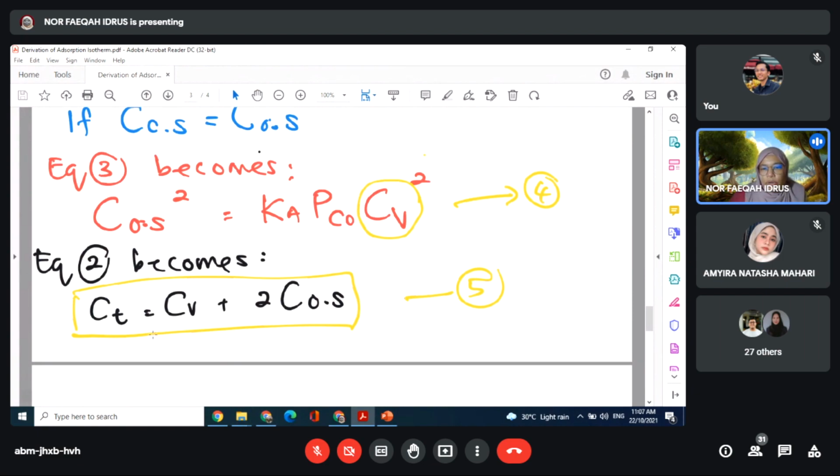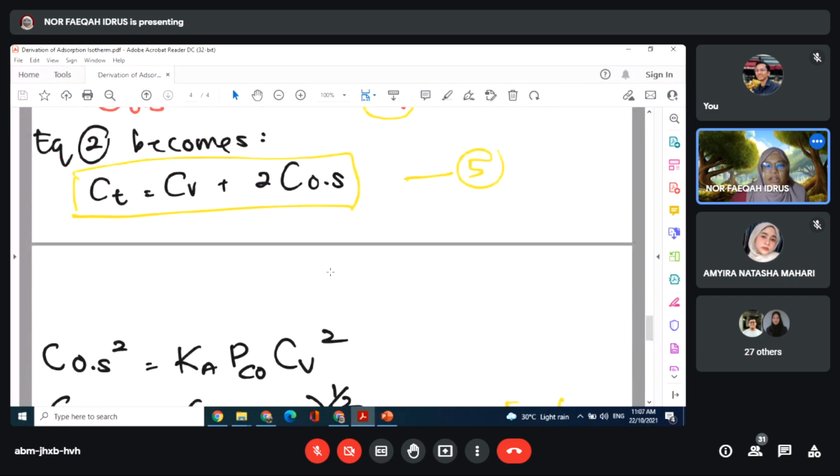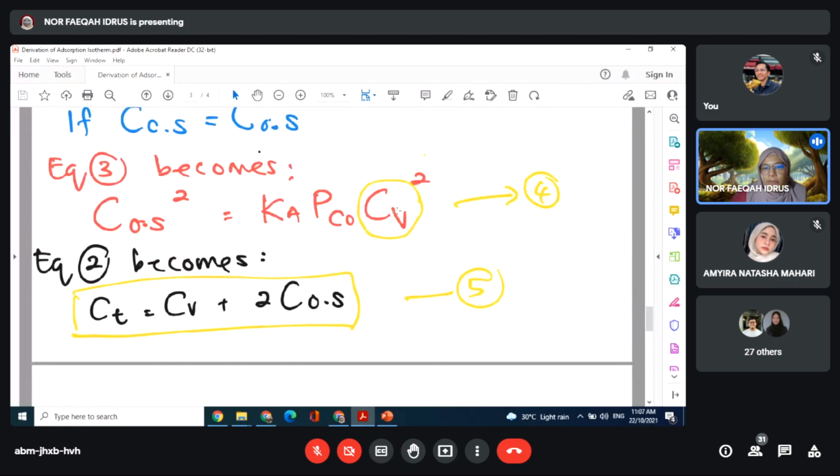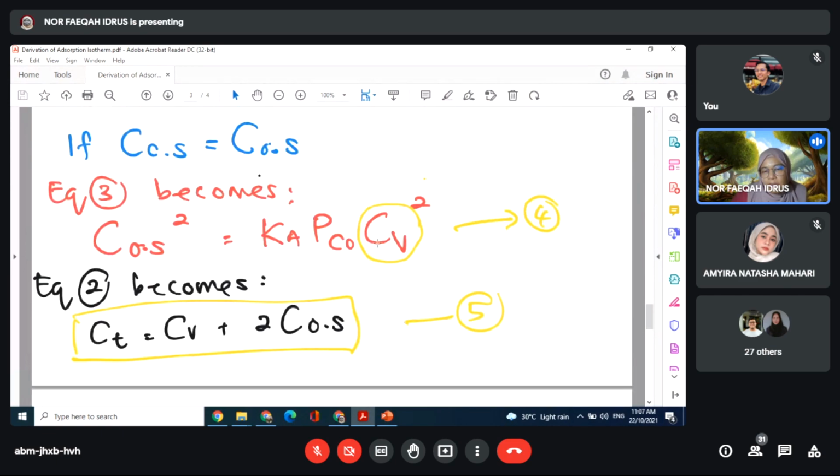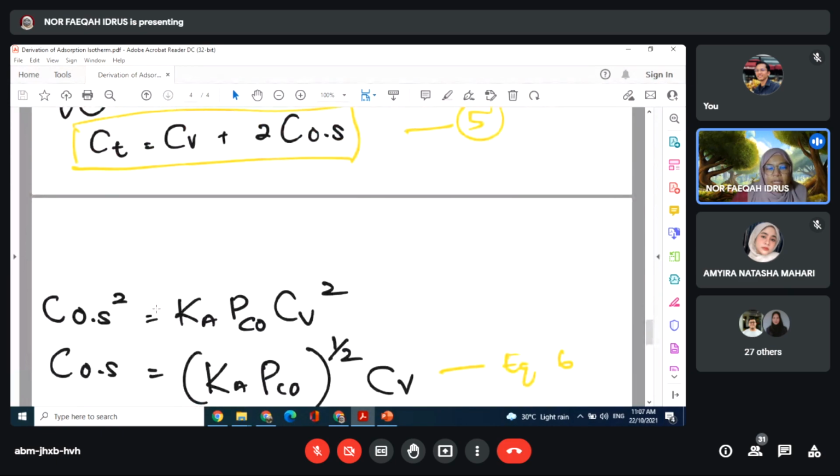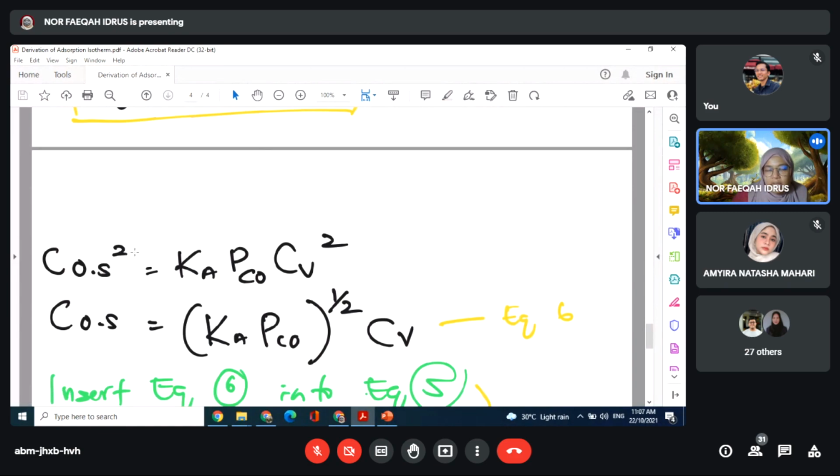So this is your new site balance. Okay, and then from equation 4, because CO dot S is squared and there is a term CV here, we want to eliminate this CV. Okay, how to eliminate this CV? First step, solve for CO dot S, because there is a square here, so we have to take the square root.